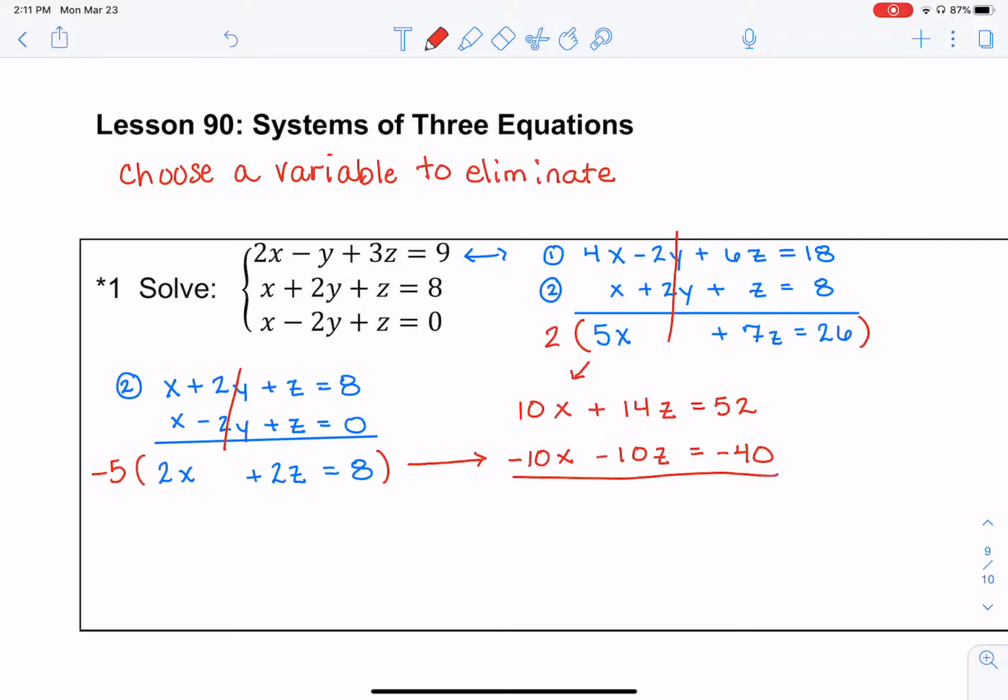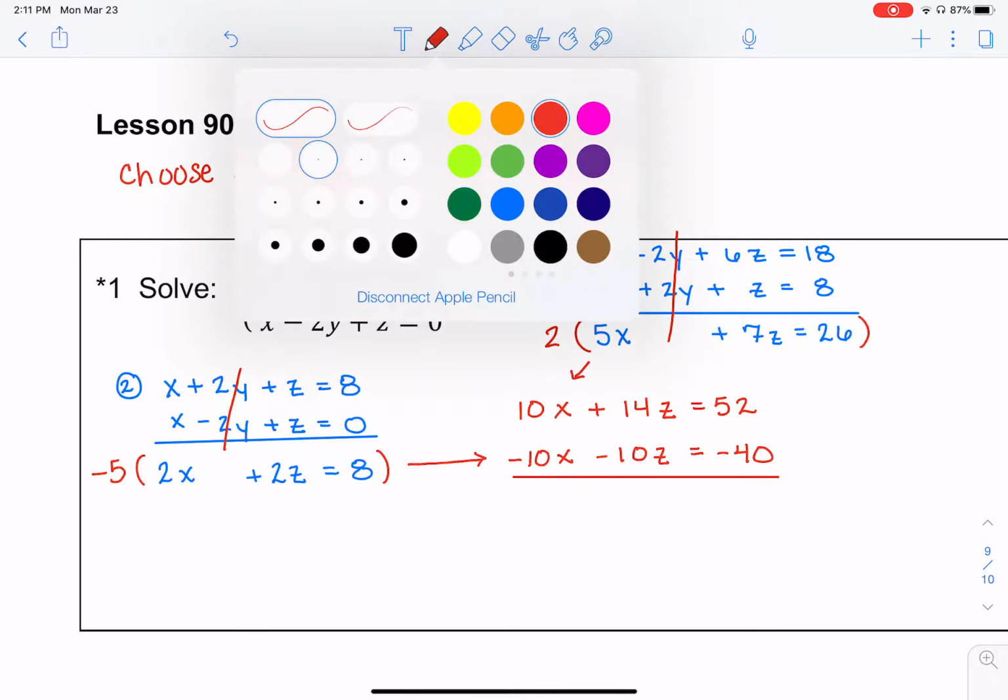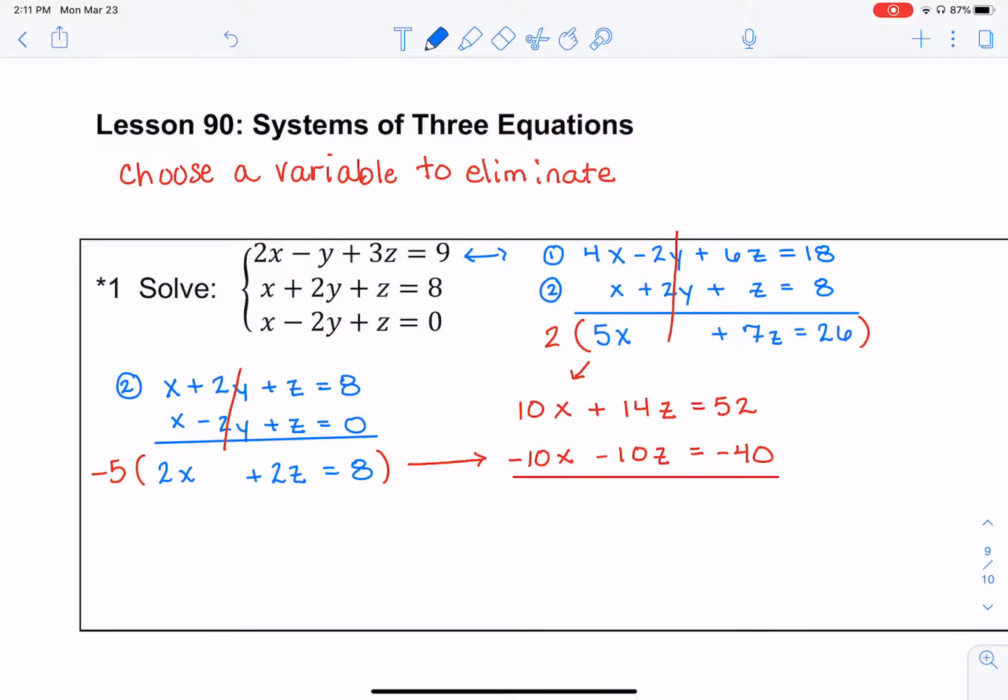That's ready for me to add straight down. And once again, you'll see I have elimination set up properly. The x's get canceled. The z values, when I add those together, I get 4z equals 12. Divide both sides by 4, and I get z equals 3.